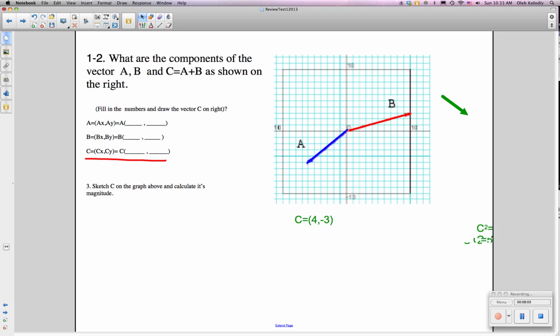So the x component of A is this distance here: 1, 2, 3, 4, 5, 6. And it's going to be minus 6. The y component will be 1, 2, 3, 4, 5, minus 5.